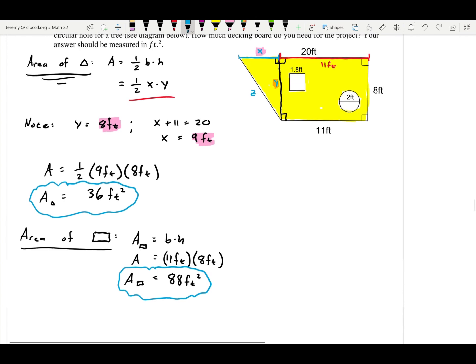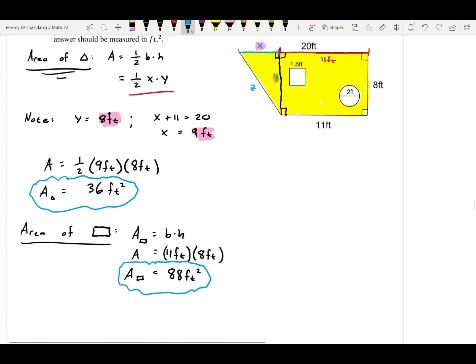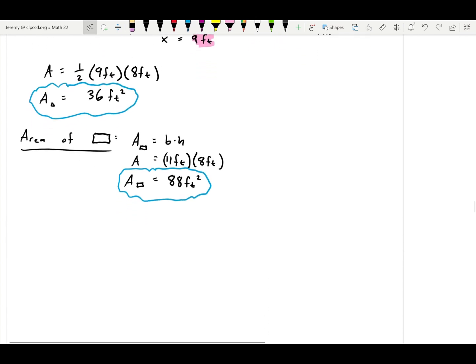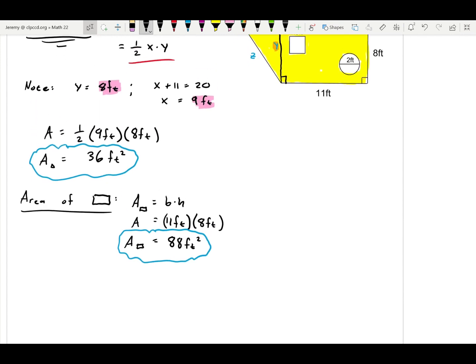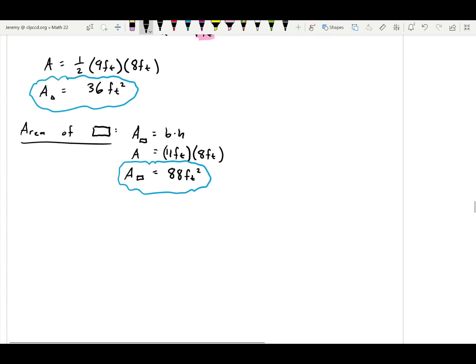So those are like the positive values. Now let's find the area of the small square and of the circle. For the square, area of square.